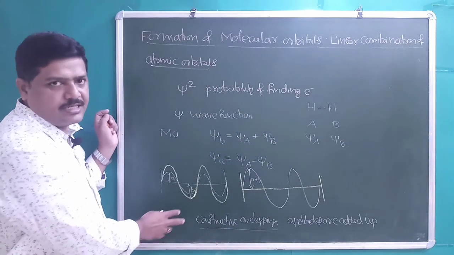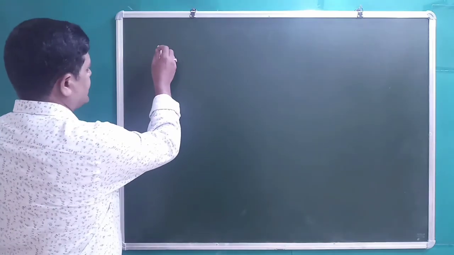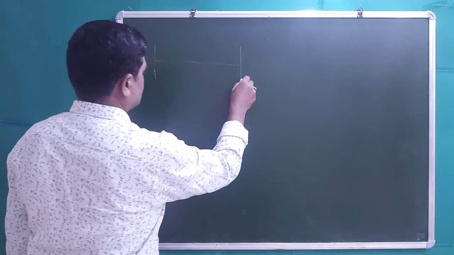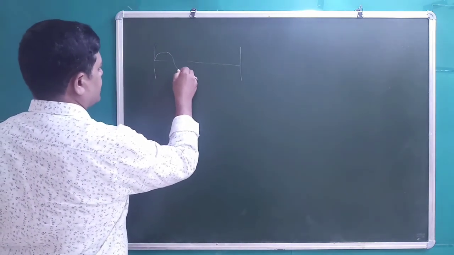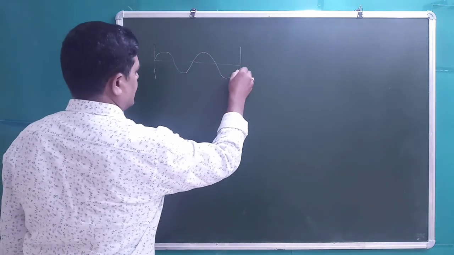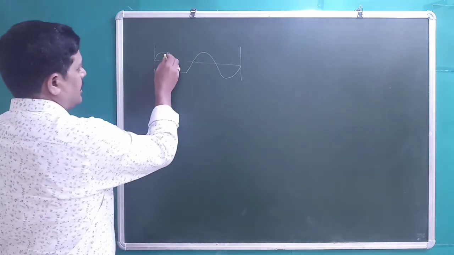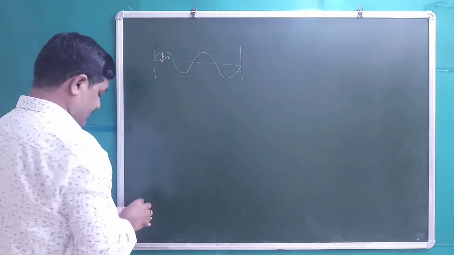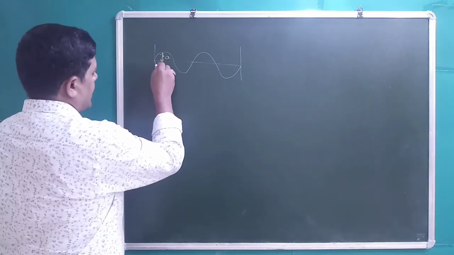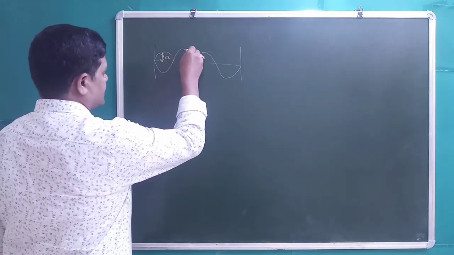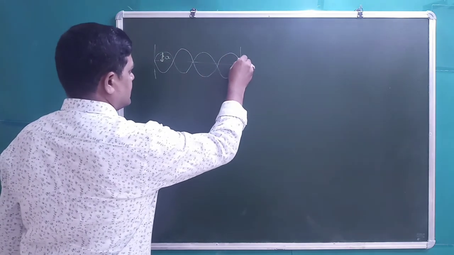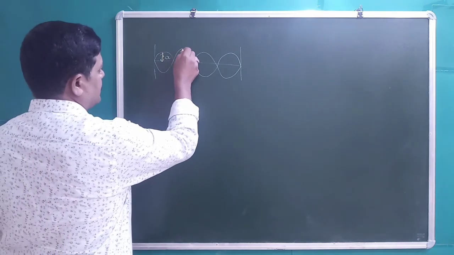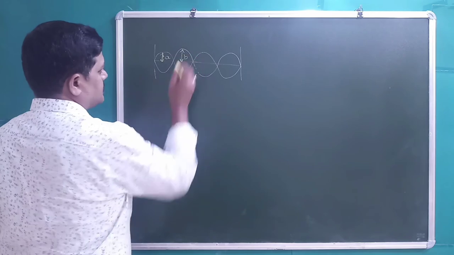Next is destructive overlapping. Let us assume the amplitude of the first wave is small a and the amplitude of the second wave is small b.